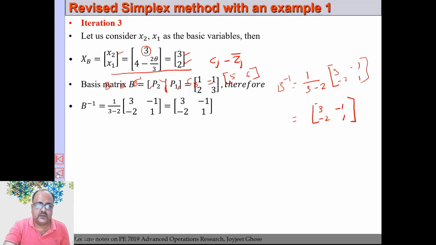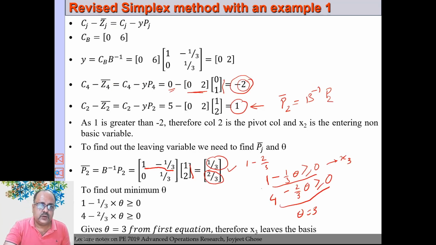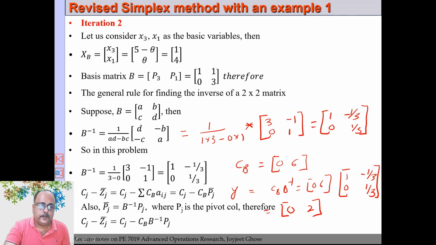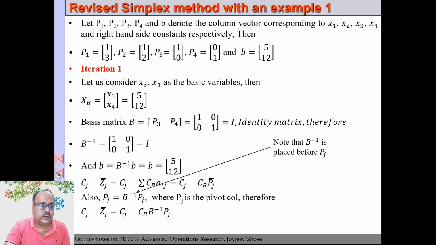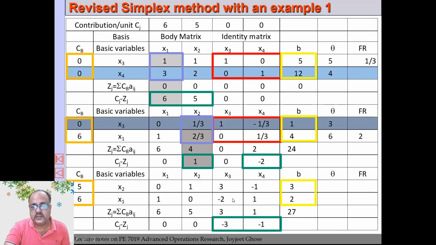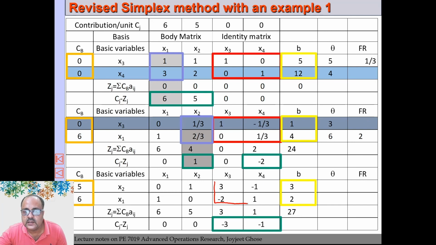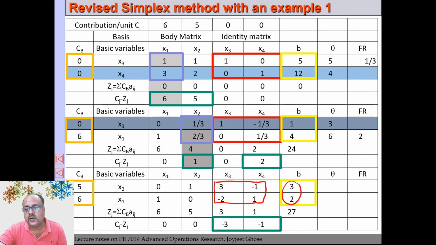Again we will check against the conventional solution. Here you can see this value is the B inverse in the third iteration, exactly what we got at the start of the third iteration: x2 equal to 3 and x1 equal to 2.